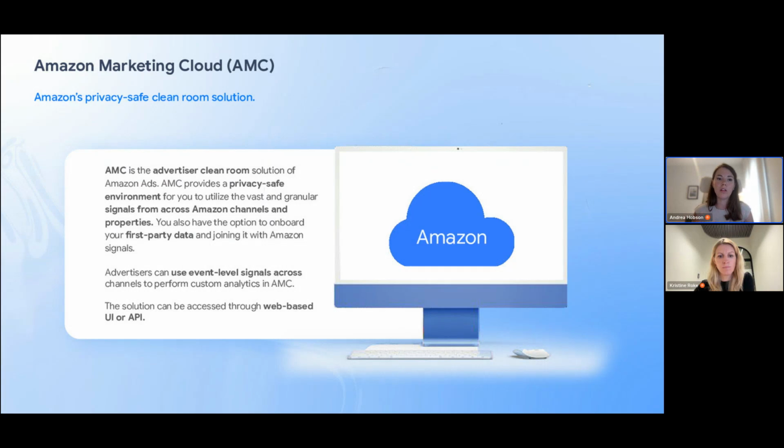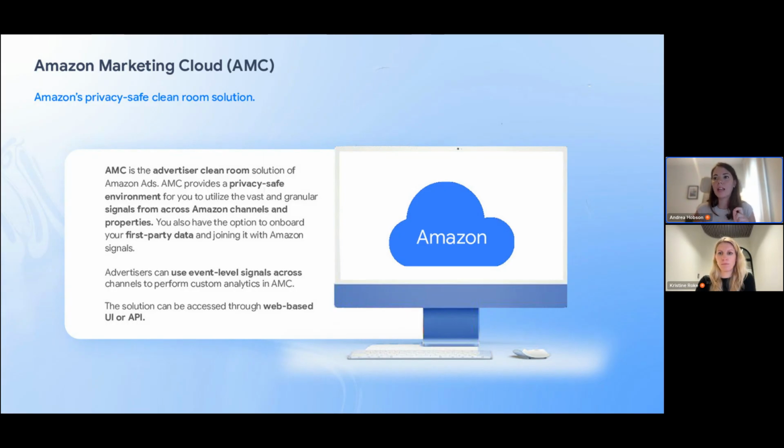Apart from this, Amazon Marketing Cloud also provides you custom analytics. Unlike standard reporting dashboards, AMC gives you the flexibility to perform analytics that are tailored to your business needs, such as path to conversion and audience overlap studies. We're going to cover a few use cases about this afterwards.